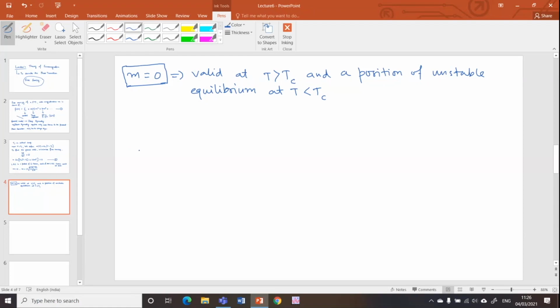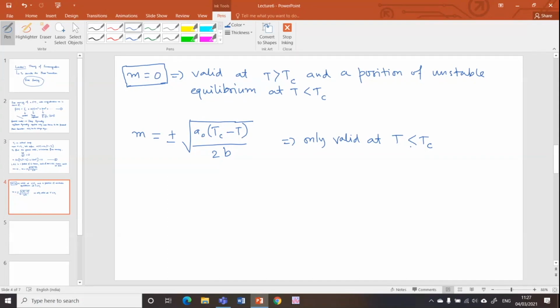Now the second solution, where you have m equals plus minus square root of A0 (Tc minus T) divided by 2b, is only valid at T less than Tc. Can anyone tell me why it is only valid at T less than Tc?